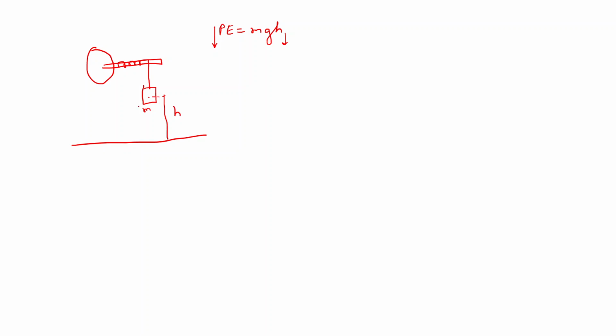When the mass starts coming down, its potential energy decreases, and that energy gets transferred to the flywheel, which as a result starts rotating. So the energy goes into the kinetic energy of the flywheel. The kinetic energy of the flywheel, we had discussed last time.